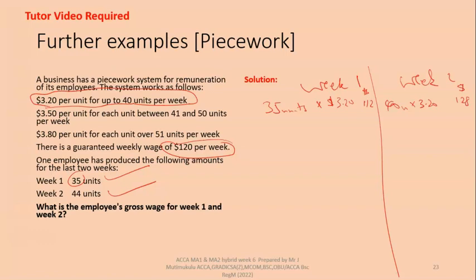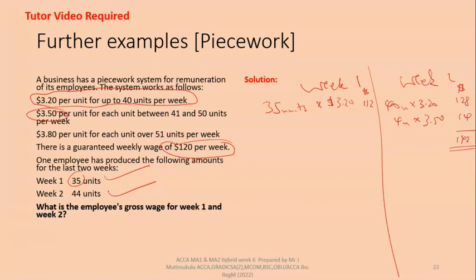Then the extras from 40 to 44, that's 4 units, are now being paid at $3.50. If we do our computation, we get $14 there. So we total up and get $142.